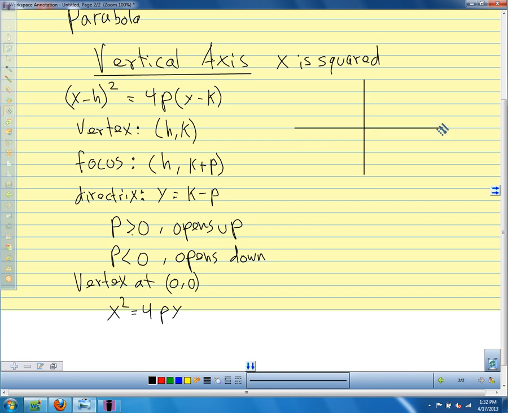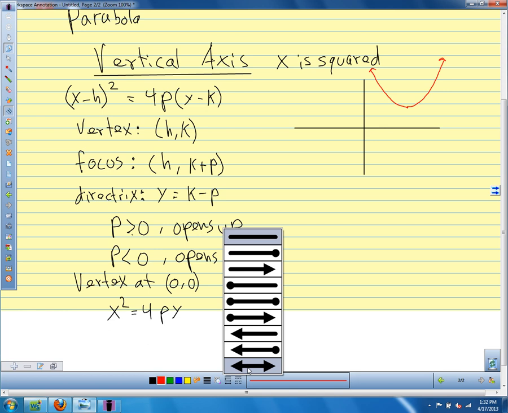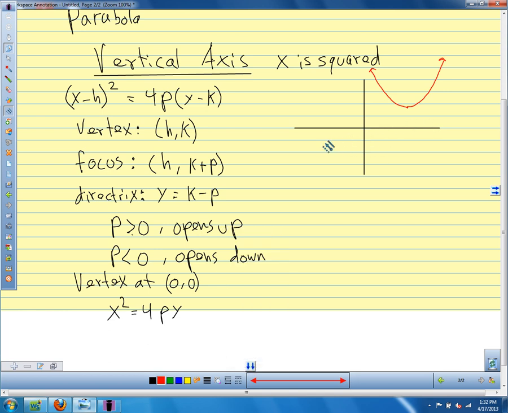So there's our x and y, and here's our parabola. I'll draw that in red, and we'll draw our directrix in red. Here's our directrix down here below, and here's our focus.